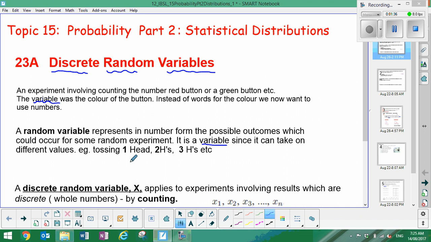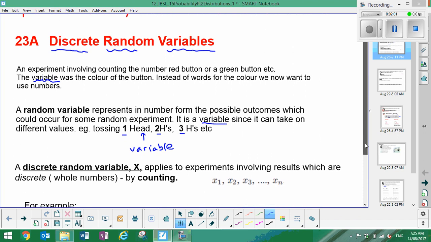So what we're going to say is, if we're tossing heads and tails on a coin, whether we have one head or two heads or three heads. So the head, that's going to be our variable. And the number, so let x be the number of heads, and we can substitute in 1, 2, 3, etc., depending on how many times we're tossing the coin.